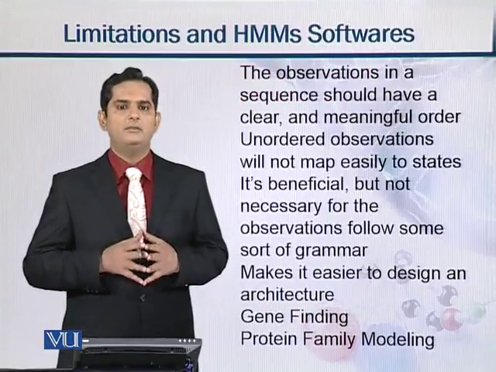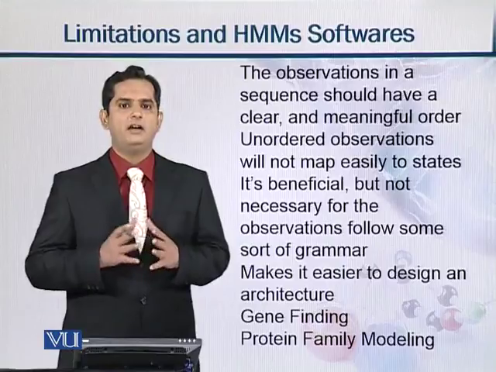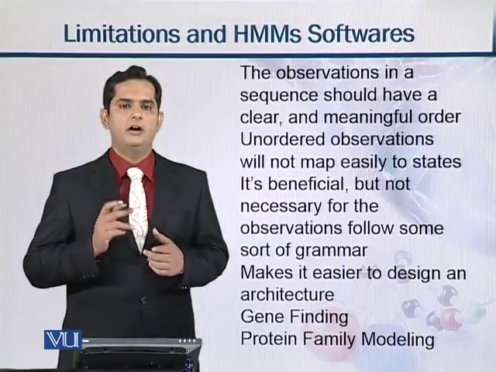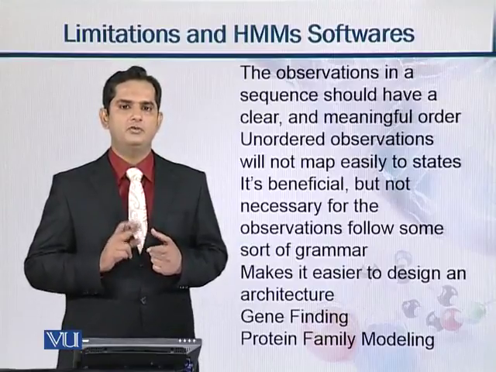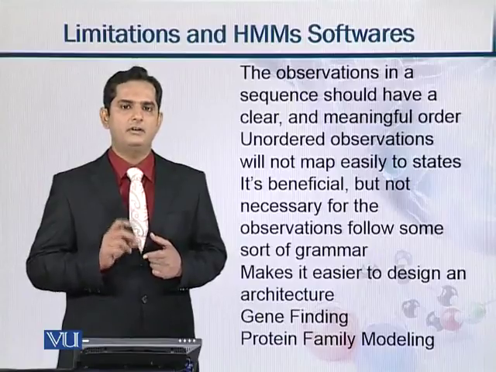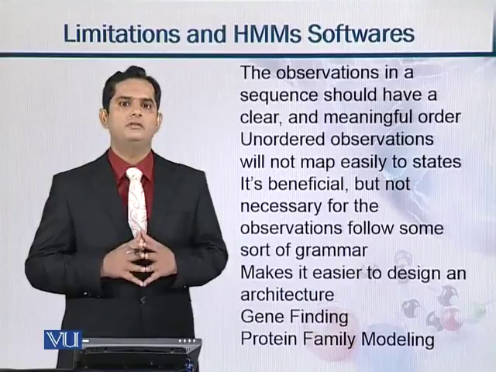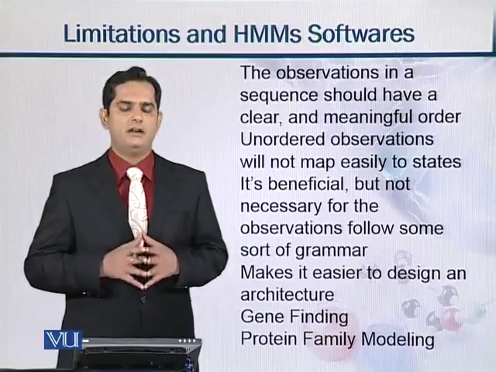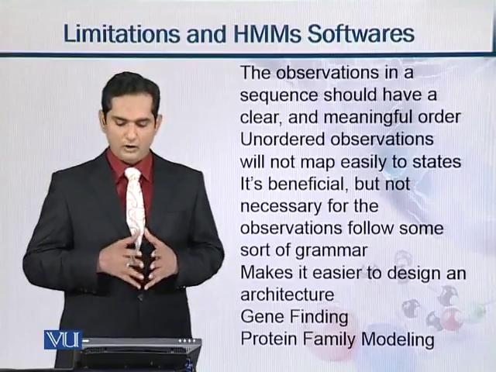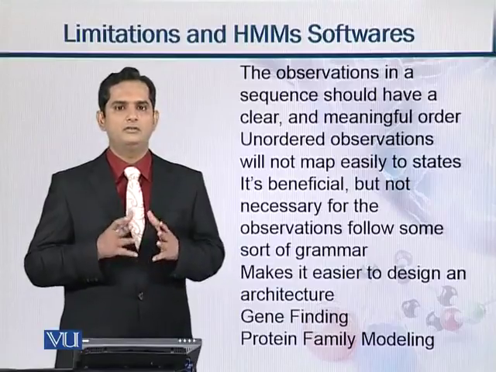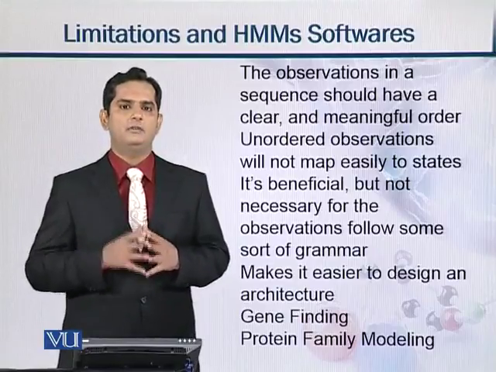So what are the other parameters while we are training any HMM? Number one, our observation sequences should be very clear and have some meaningful information, and their tags should be very good. They should not be confusing tags. Then unordered observations are not good for training an HMM.